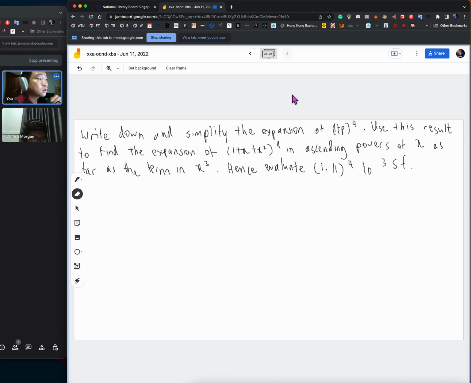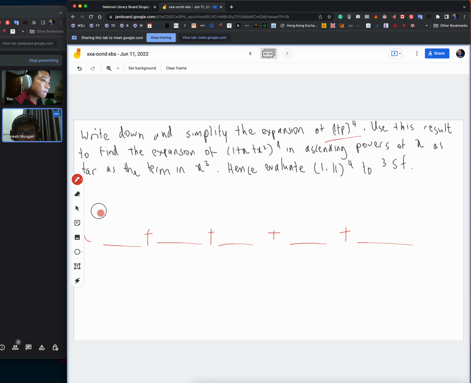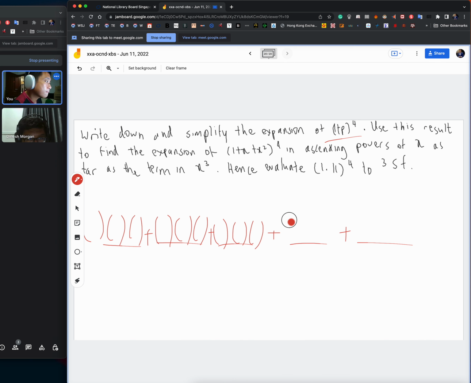Okay, for this question, I think the first one is the simplest, right? Go. So you just give yourself a very long bracket. 1, 2, 3, 4, 5. Yeah, should be 5. So like I say, this is very mechanical.